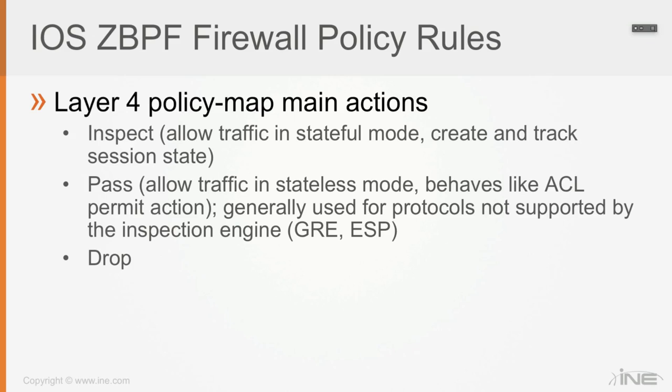The pass action means allow traffic in stateless mode. So it behaves like an ACL permit action. And in general, you're going to use this kind of firewall action for protocols not supported by the inspection engine. So for protocols that the router cannot inspect to create the session state and track it, like GRE and ESP.